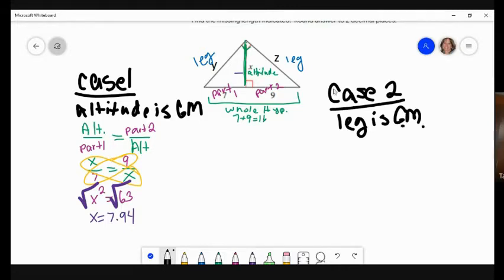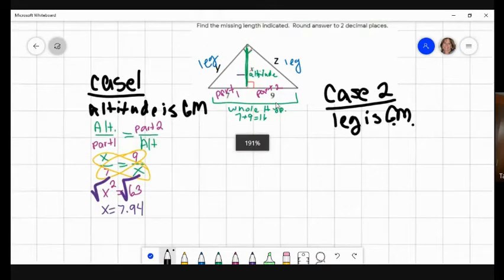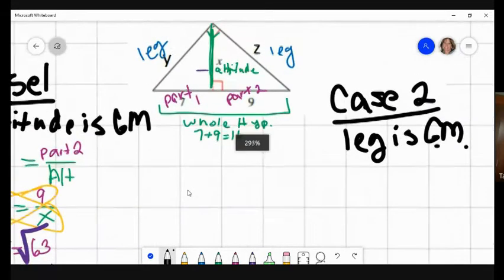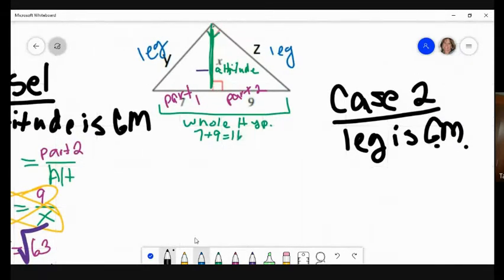Okay, so for this one though, we do have 2 of them, and we're going to need to take that into consideration. So when we look at this particular problem, we have the leg that's the y, and we have the leg that's the z. So that's why there's going to be 2. So for our first one, let's go ahead and we'll do leg y, and he is going to be in alignment with our part 1, and you'll see how that works.